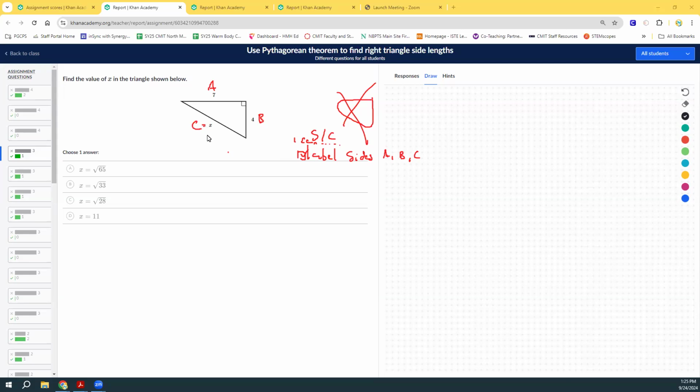And guess what? You can do that as long as what we said in our song holds: C is the longest side. So I'll put in parentheses, C must be the longest side, the slide side. We call it the hypotenuse.